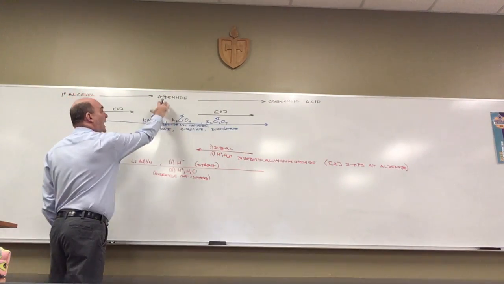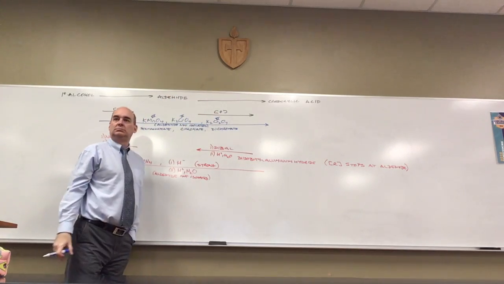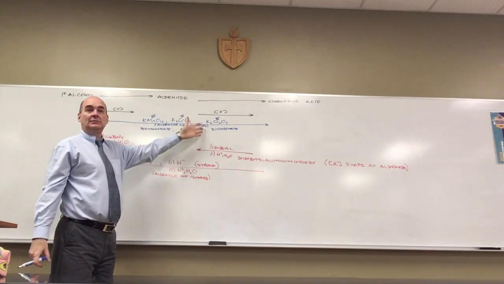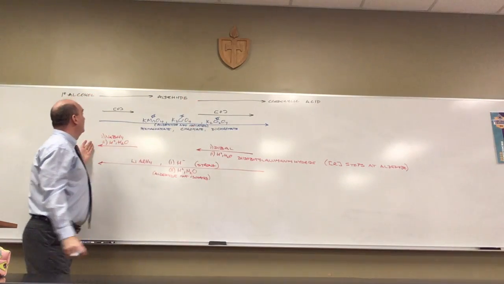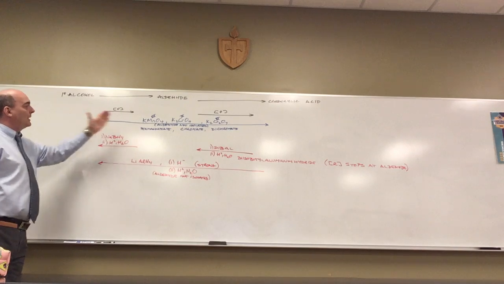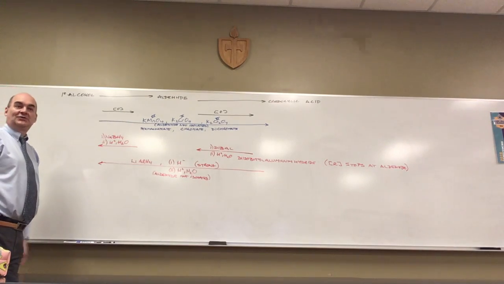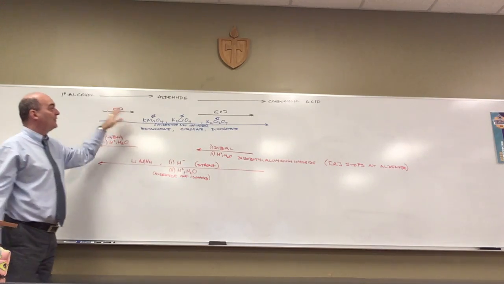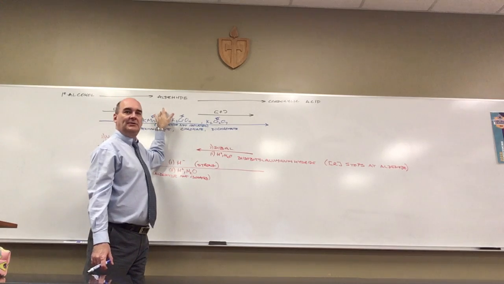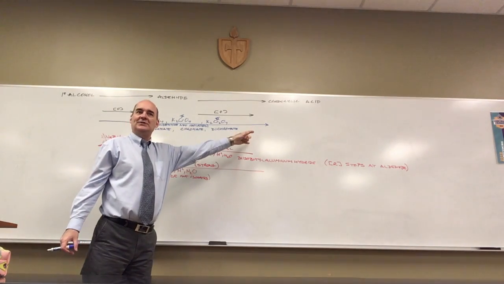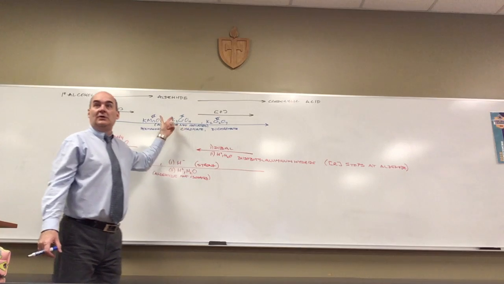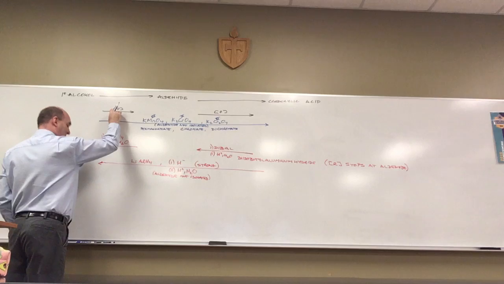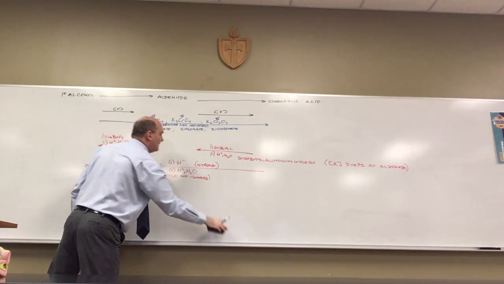So if I wanted to turn the aldehyde into a carboxylic acid, I'd use anything. Any of these, they would all go. However, if I wanted to turn my alcohol into an aldehyde, I'm stuck. Because if I used any of these, they make the aldehyde and then they immediately go to the acid. And if I want the aldehyde, I'm out of luck. So we've invented something else that goes here.